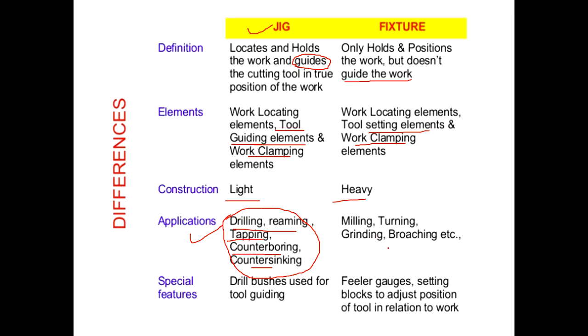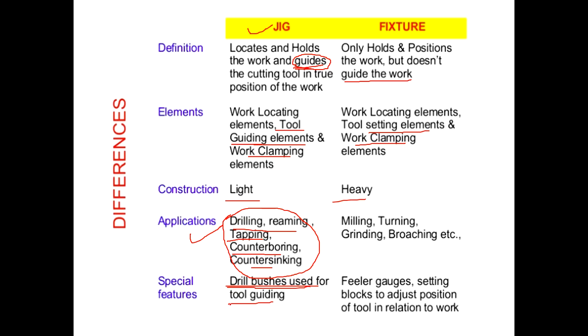No doubt it is used for machining, but it is used for inspection also, even welding fixtures and assembly fixtures. So a fixture has wider application than the jig. It is not only used for machining but also for welding, assembly and inspection purposes. Special features: in a jig, drill bushes are there for guiding the tool.